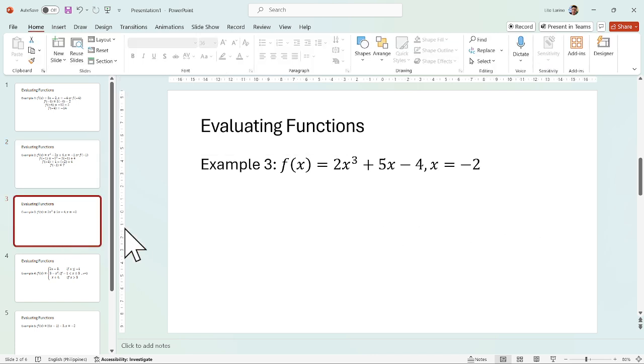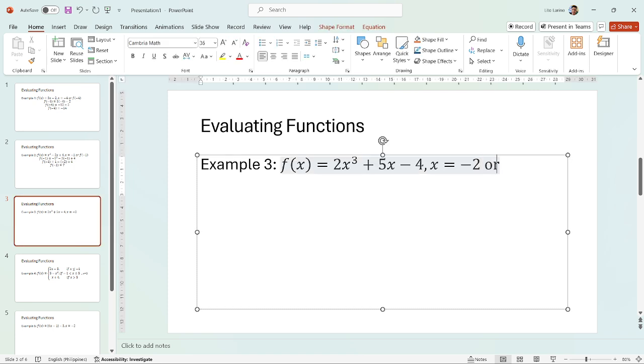Next, example number 3. Example number 3 is a cubic function. We have f of x is equal to 2x cubed plus 5x minus 4, and determine its value when x is equal to negative 2. This is also the same as looking for f of negative 2.